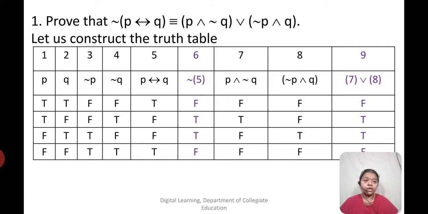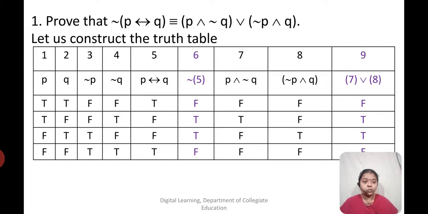So there are totally 9 columns in this problem. After solving the problem, we will be checking column number 6 values with column number 9 values. If all the entries in column number 6 and all the entries in column number 9 give us the same value, then we will say it is logically equivalent.